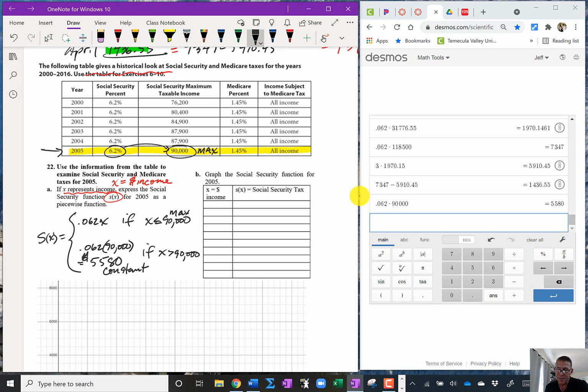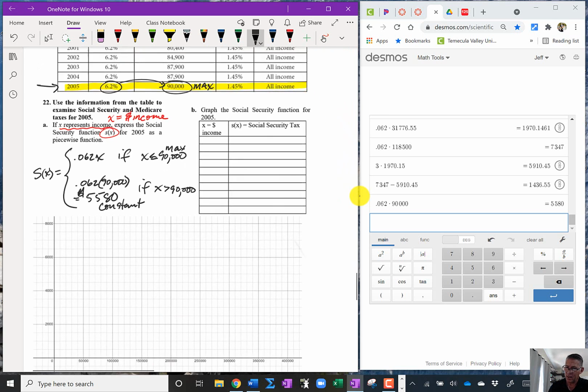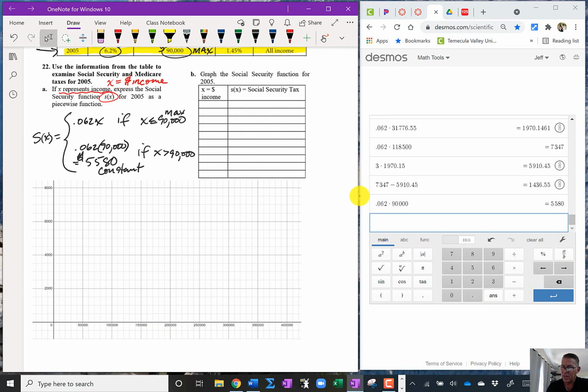Now let's say that X is 10,000. We're going to have to plot a few points, and we have to go all the way up to that magic number of 90,000. In order to see something as a graph, you have to plot a few points. So if X is $10,000, you're less than or equal to 90,000, so you take 0.062 times your income, 0.062 times 10,000.